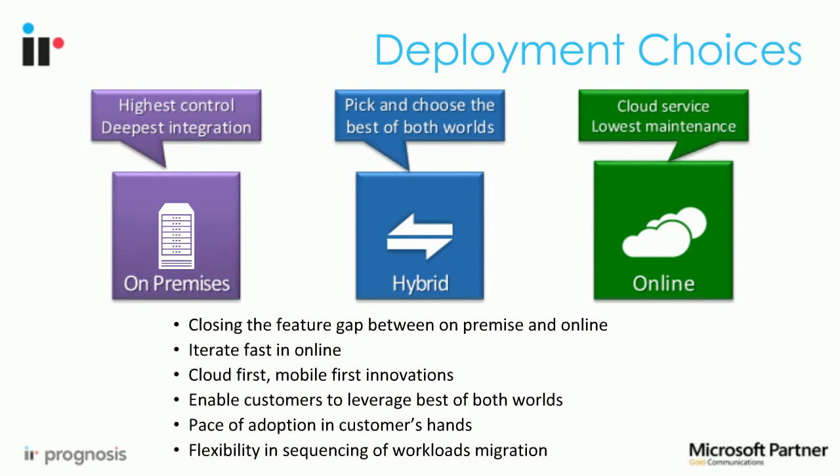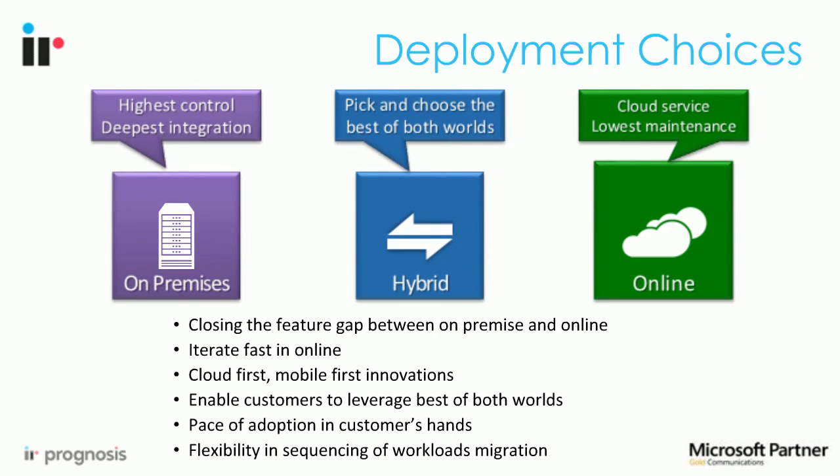It gives you the best of both worlds in terms of on-premises and online. It lets you have a split of users that can remain on premises and another subset of users that can be in online. So, from a scalability perspective, you can scale it well. You don't have to really add hardware into your on-premises. You can just scale in online.